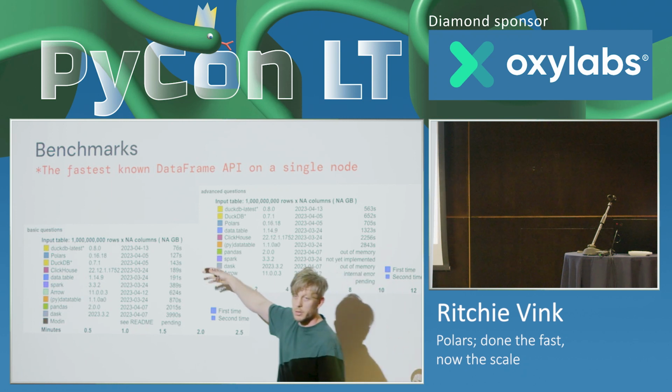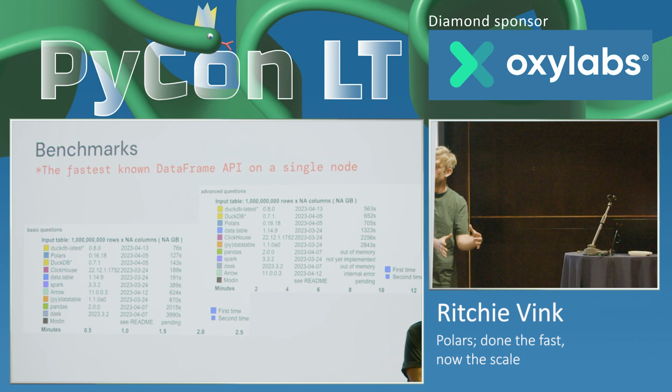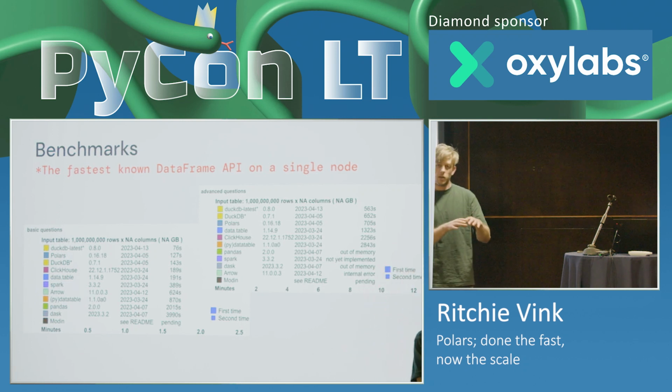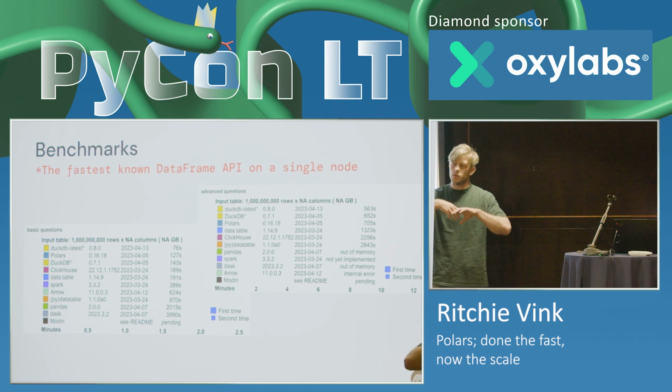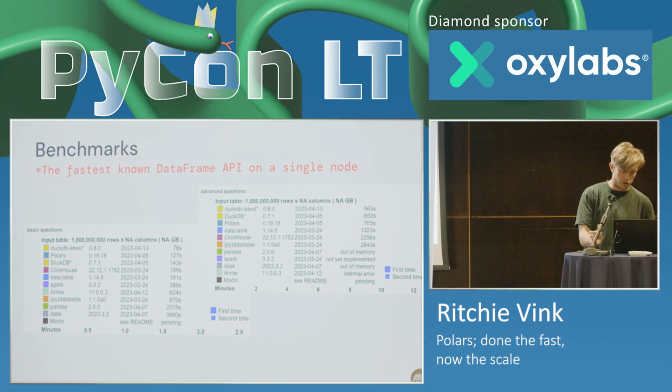Polars has its own implementation of a group by, so we don't use Arrow compute, we only use the Arrow memory format. But every algorithm is written by ourselves. So even though we both use Arrow as a memory specification, you cannot say that the compute performance will be the same.